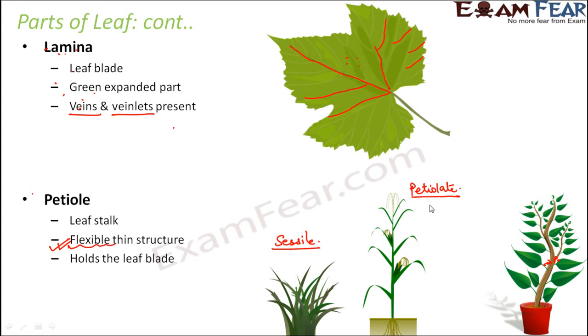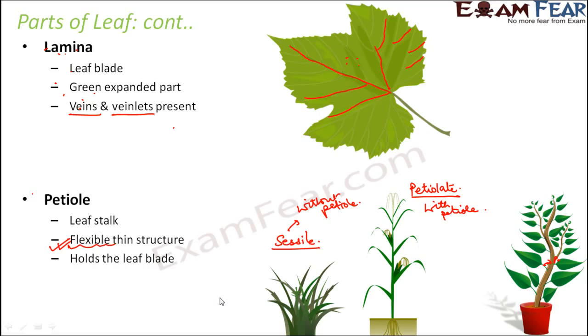Petiolate means a leaf with a petiole. So these are with petioles. Sessile means without petiole.